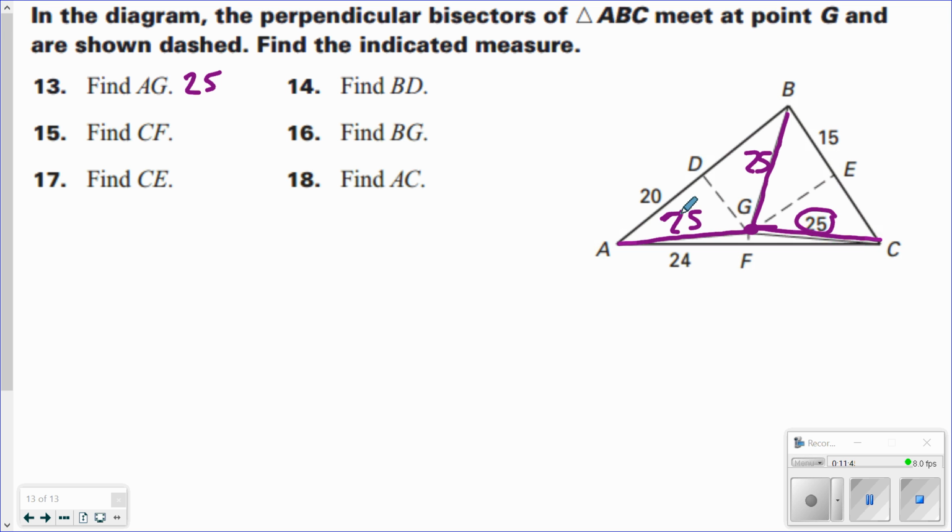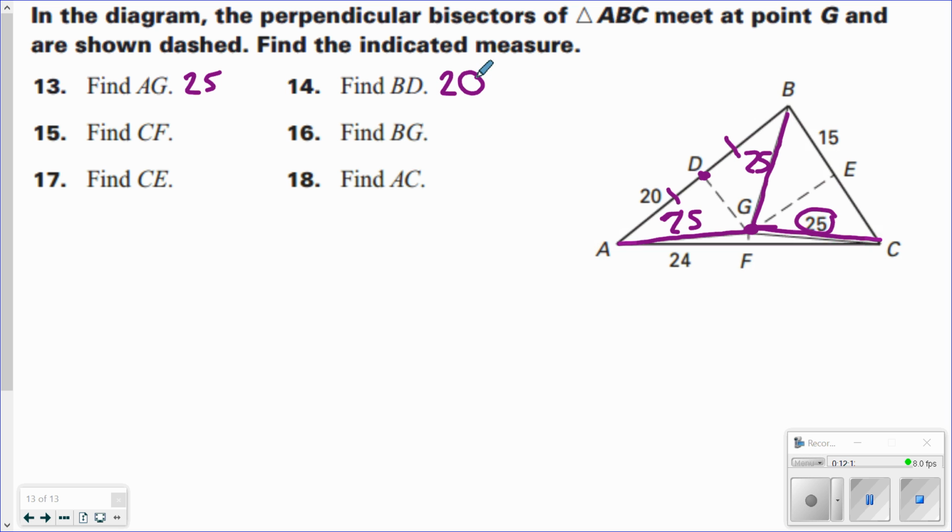All right, let's go to 14. Find the length of BD. All right, well, BD would be here. If I look at the diagram, I know what AD is. AD is 20, and because point D is the midpoint, that means it's in the middle. So DB would also have to be 20. Let's look at CF.